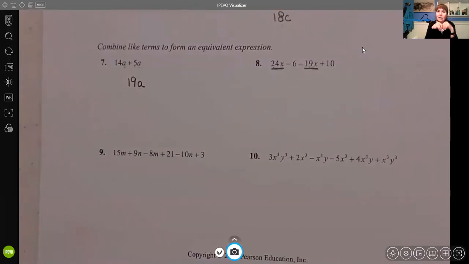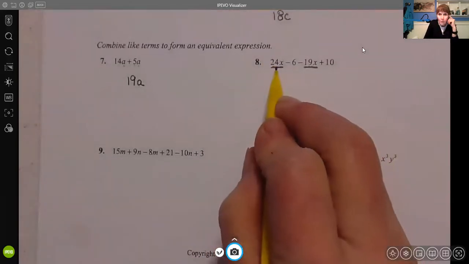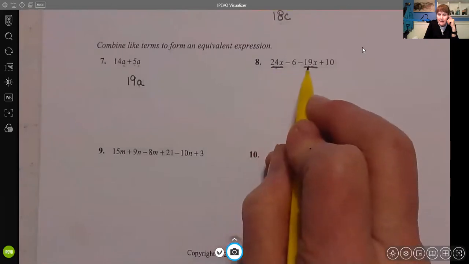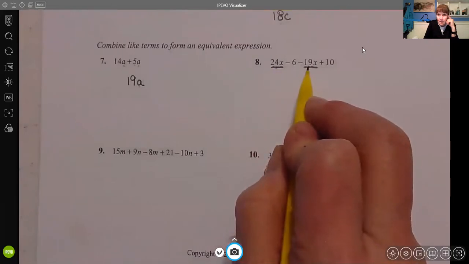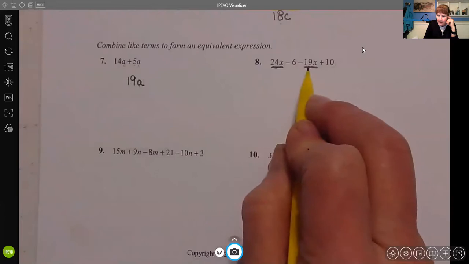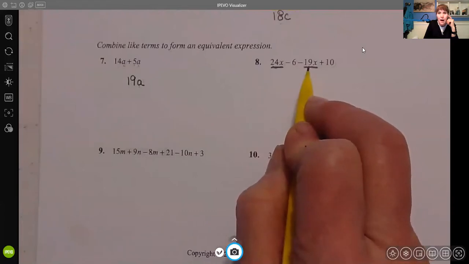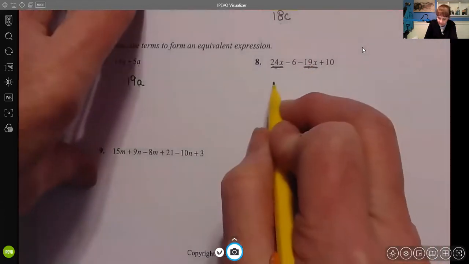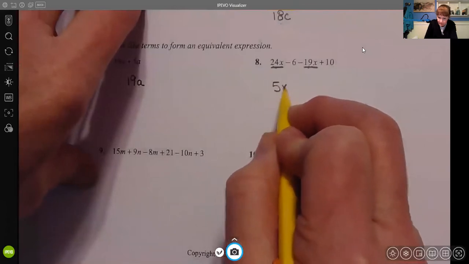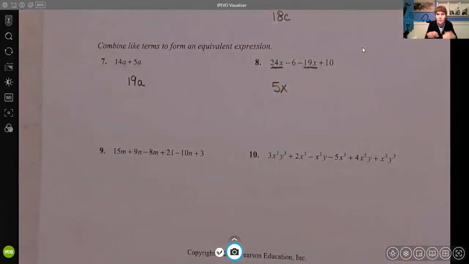Because of that, I can combine the numbers in front, or the coefficients. 24 and a negative 19 is a positive 5 x's. You have 5 x's. 24 minus 19 is 5. So those are done.